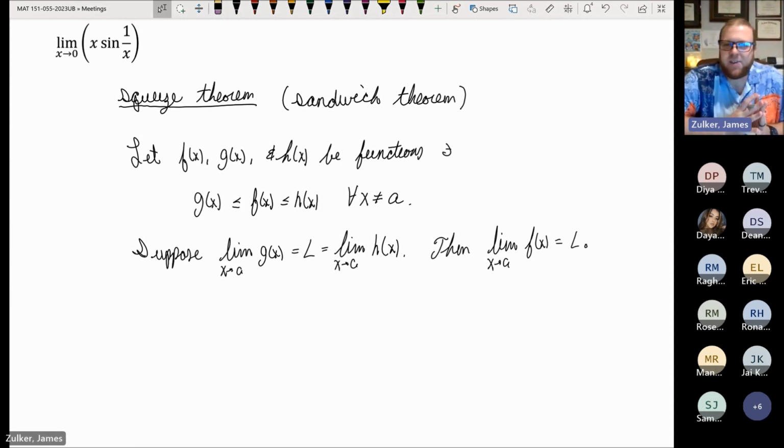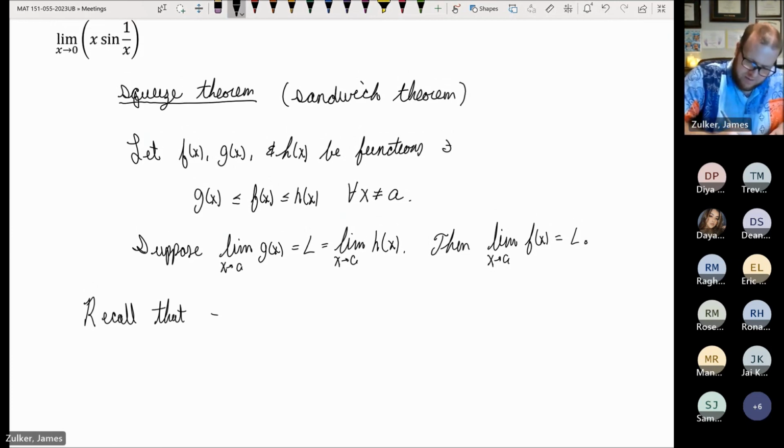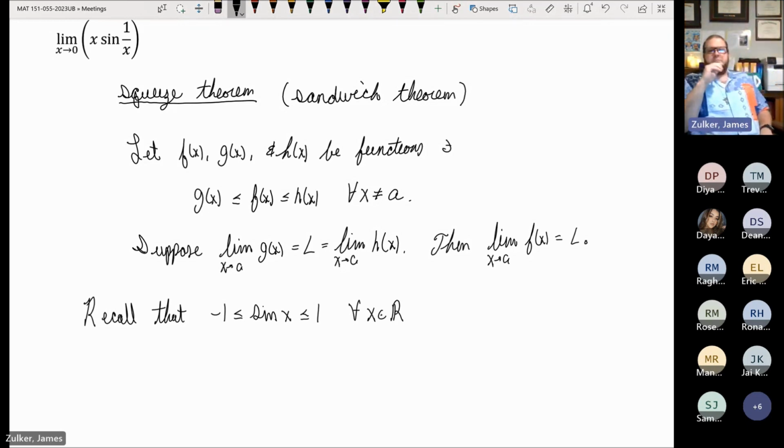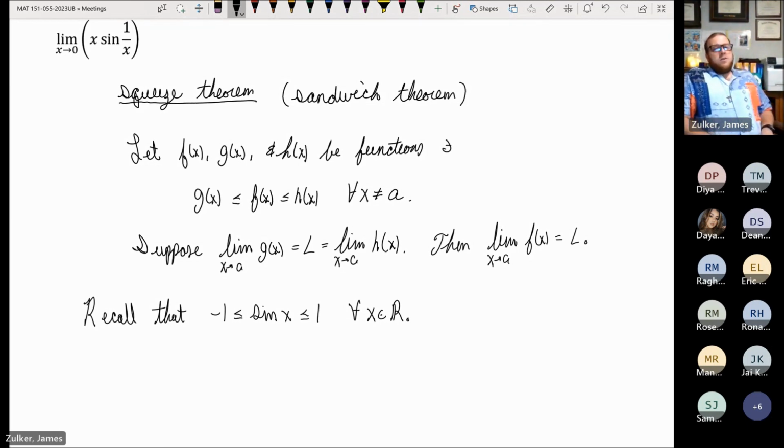Well, anything involving sine and cosine is fairly simple. Remember, sine as well as cosine, right? They're bounded by -1 and +1.